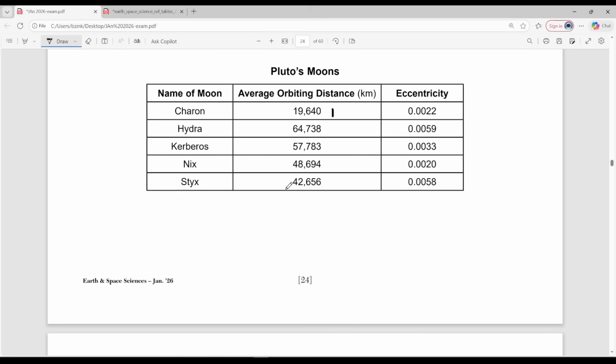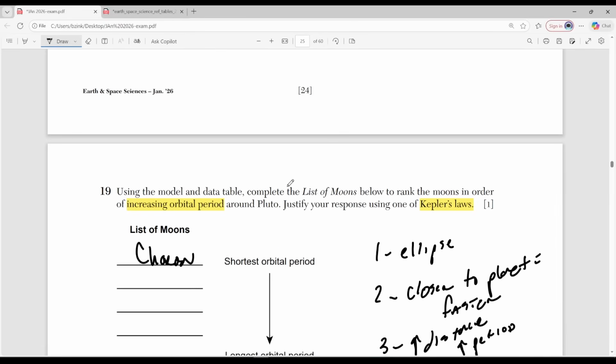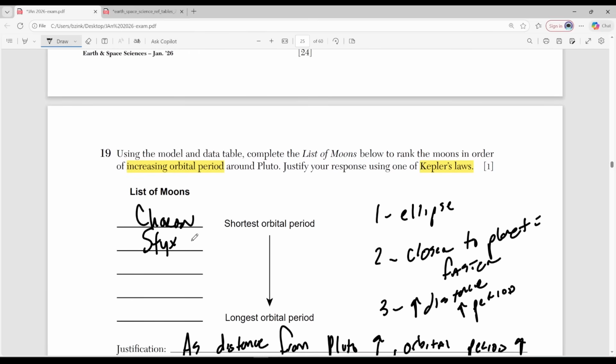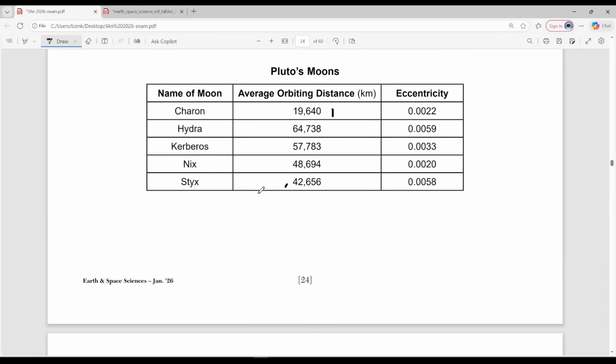Okay, number 2 is going to be Styx. The river Styx from mythology. 48,000, Nix. It might be Charon, by the way. These are all mythology things now that I just picked up. Kerberos.